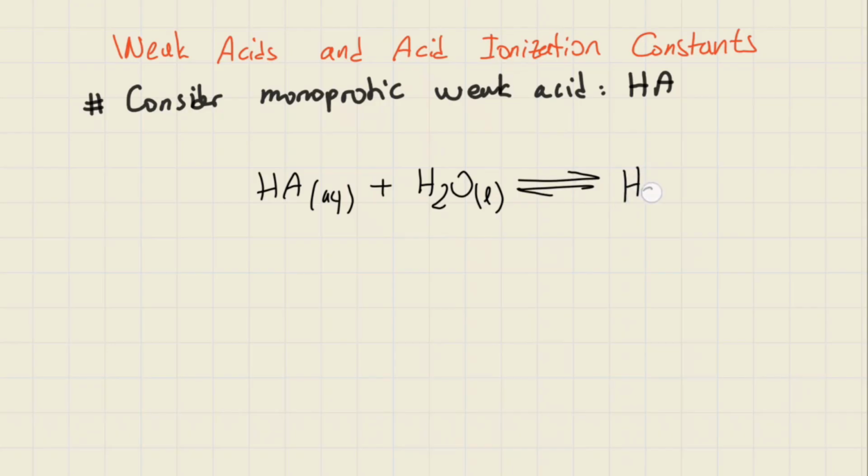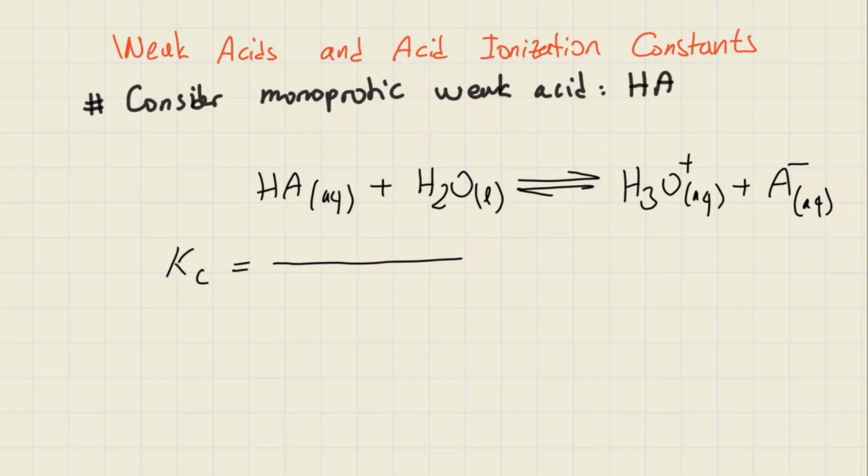So it creates H3O+ ions plus the A- ion in water. So in this reaction, we can write the equilibrium expression, for instance, Kc. And it should be H3O+ times A- over HA.